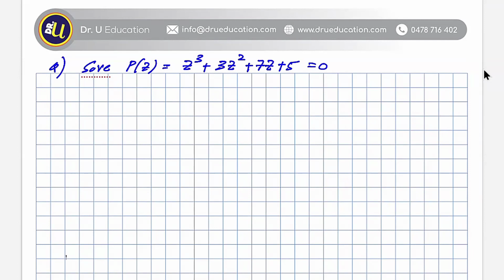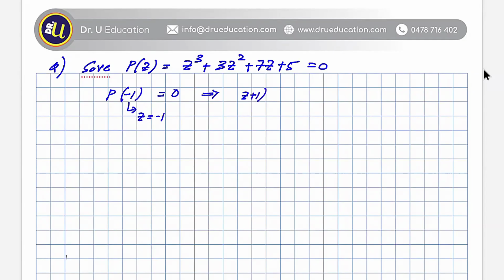So the way it is given to you, right? When z is equal to minus 1, it would be 0. So that means z is equal to minus 1, right?